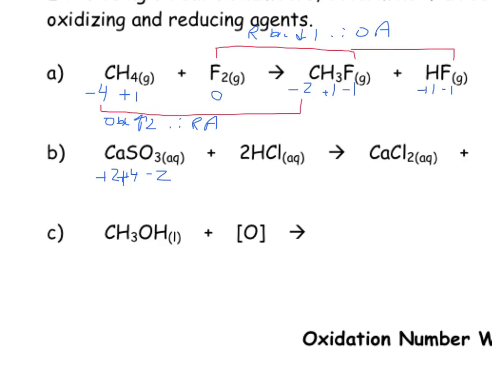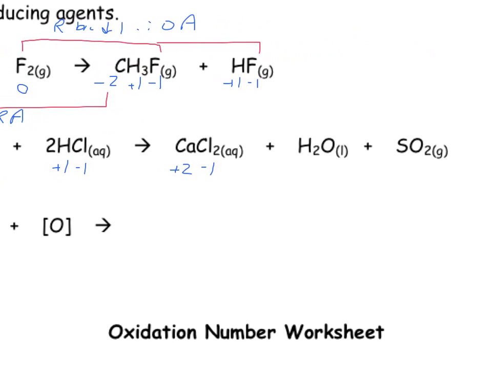In HCl, the hydrogen will be +1, leaving the chlorine -1. In calcium chloride, the calcium will be a +2 and the chlorine will be a -1. +1 and -2 for the water, and -2 for the oxygen.